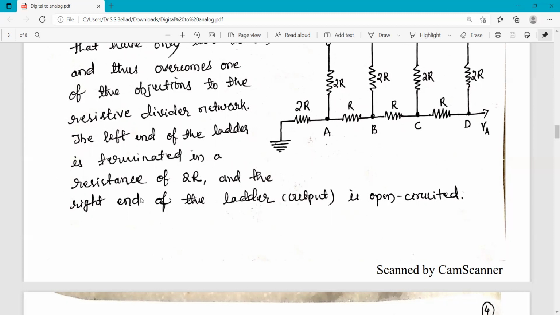The right end of the ladder, where the ladder output is obtained, is open circuited, or kept open. The output voltage is always measured between this point and the ground.